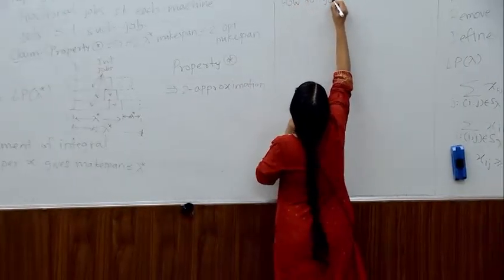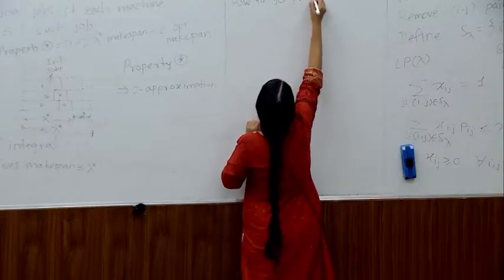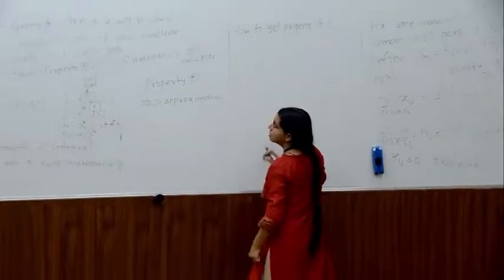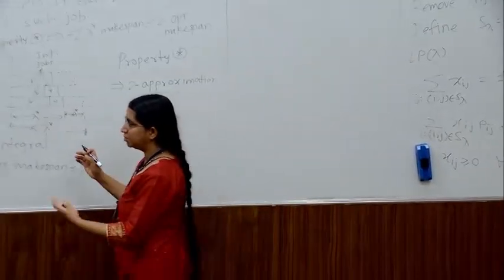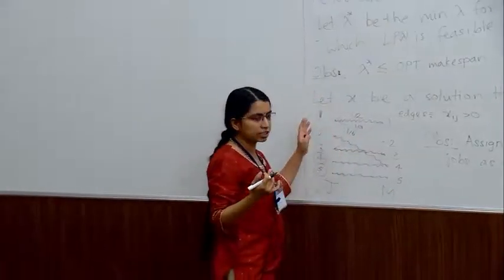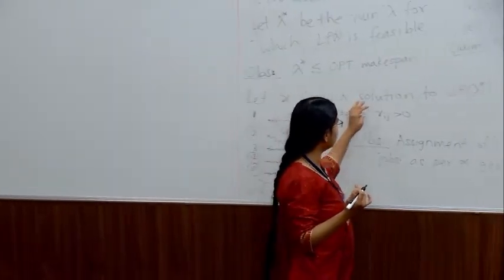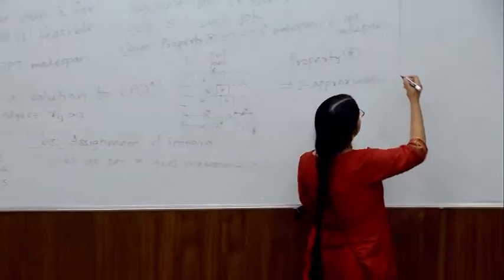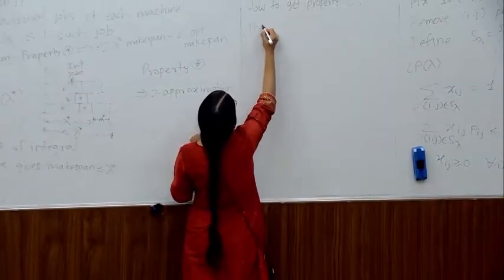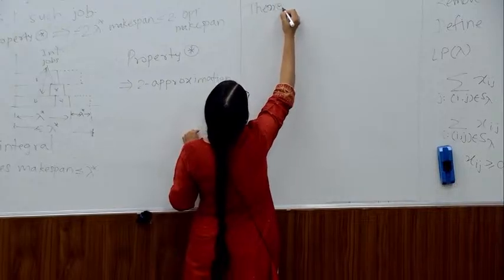Okay, so our concern now is how to get our nice property star. As I said, a typical LP solution can give us several fractional jobs, or maybe all jobs get fractionally assigned. So we don't want arbitrary LP solutions. We will have a vertex solution to the LP.